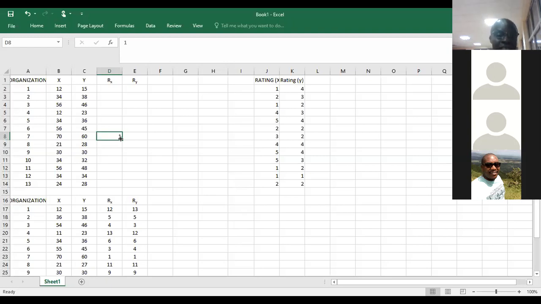So if there was no repetition, they would have been assigned some ranks, and you get the arithmetic mean of those ranks.